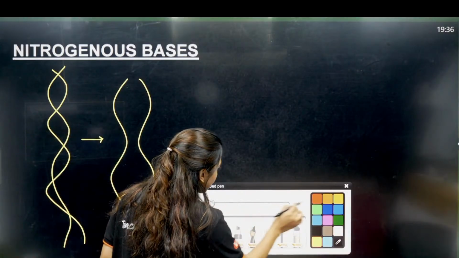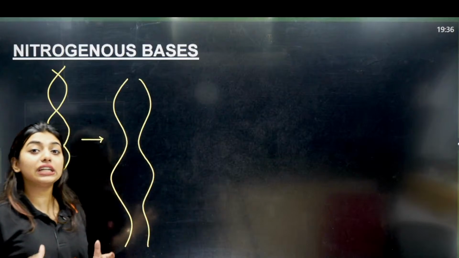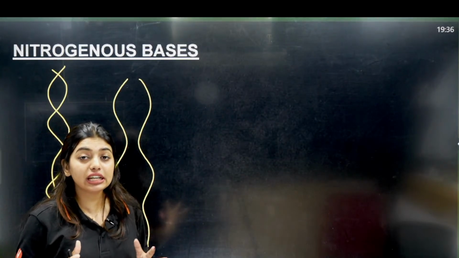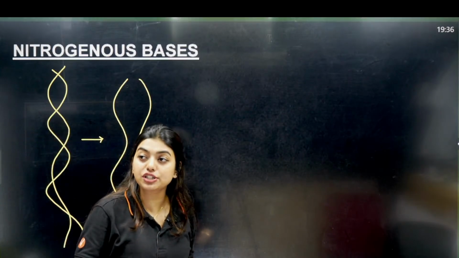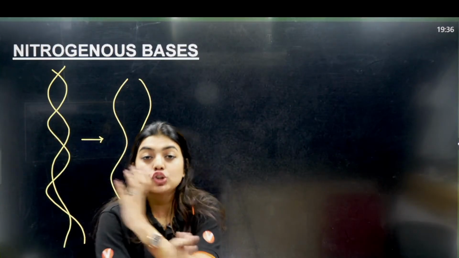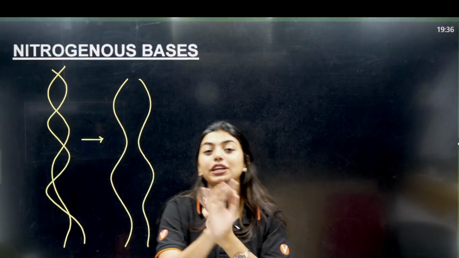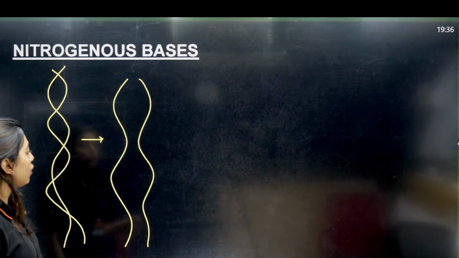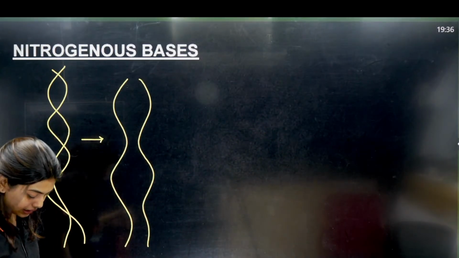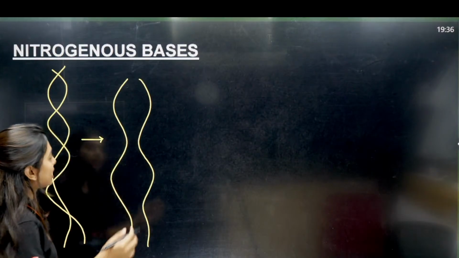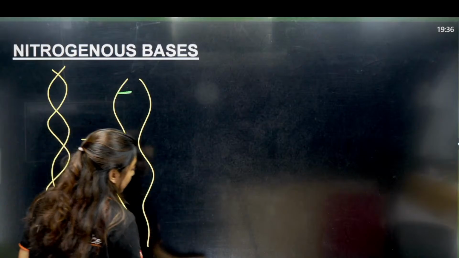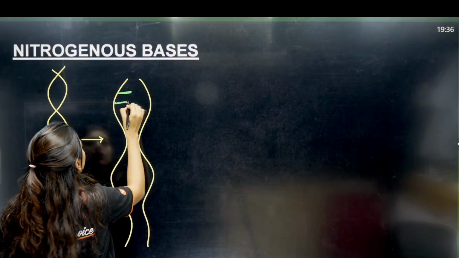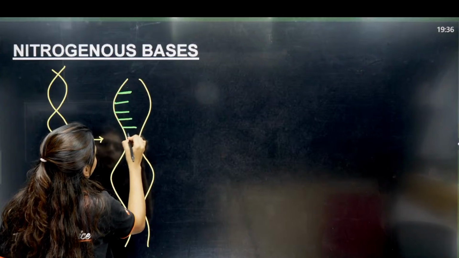You are supposed to remember that the backbone of the DNA is made up of sugar and phosphate, and in the middle, to hold the structure together, we have the nitrogen bases. If I untangle the DNA like this, this is going to be one base.